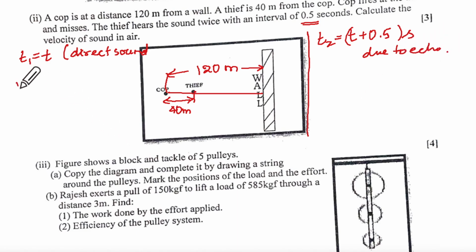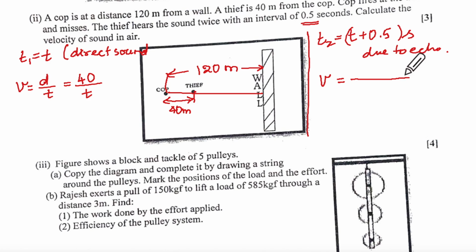Now V will be equal to D upon T. So the direct sound will be 40 upon T. Now here T2 will be due to echo.